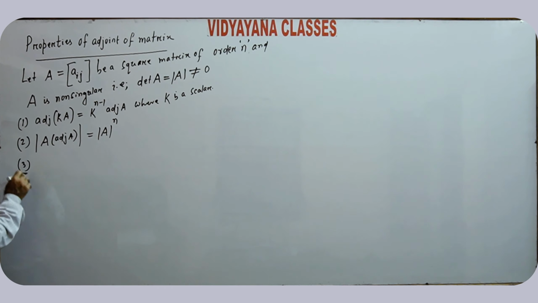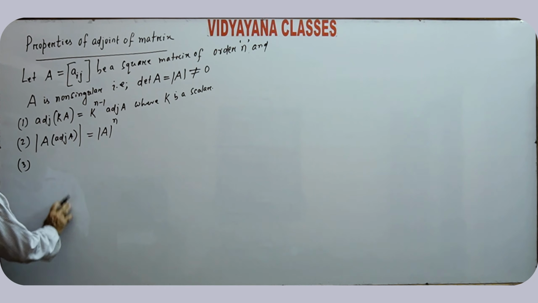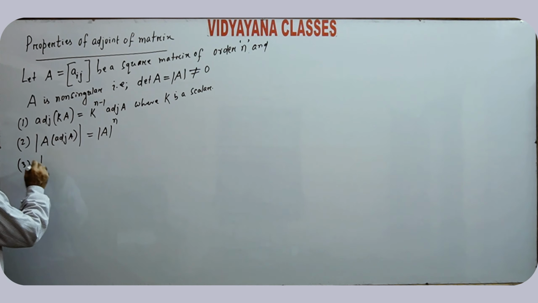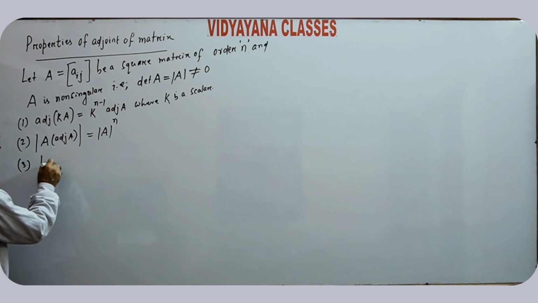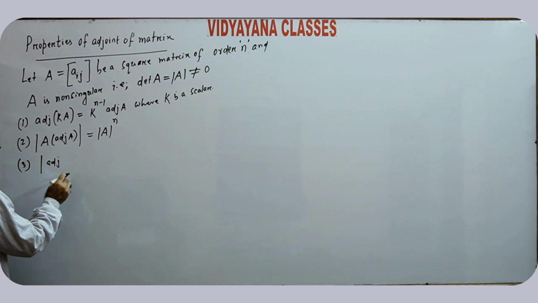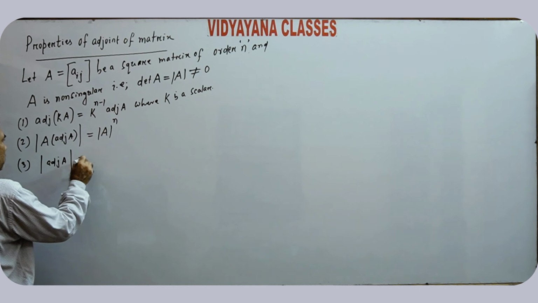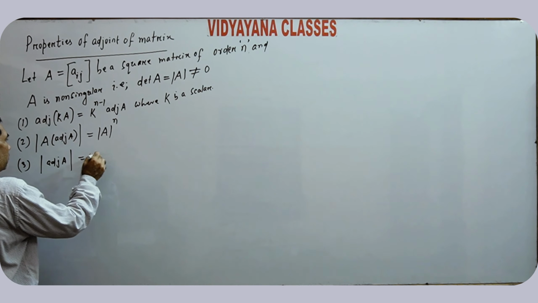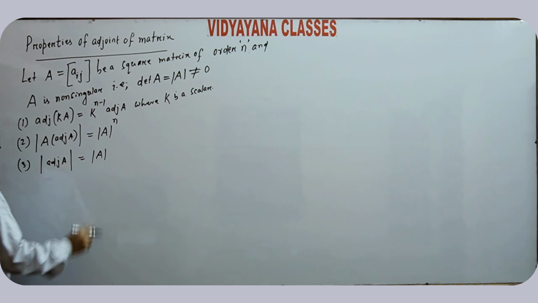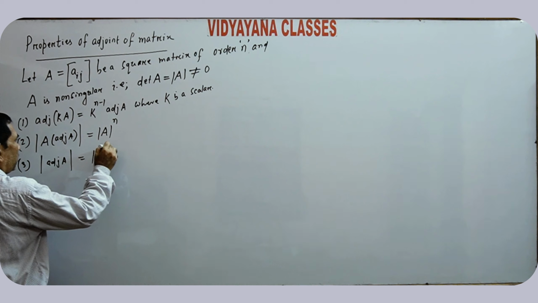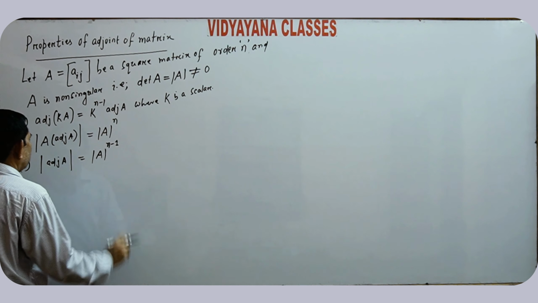Third property, determinant of adjoint A is equal to determinant of A whole to the power n minus 1.